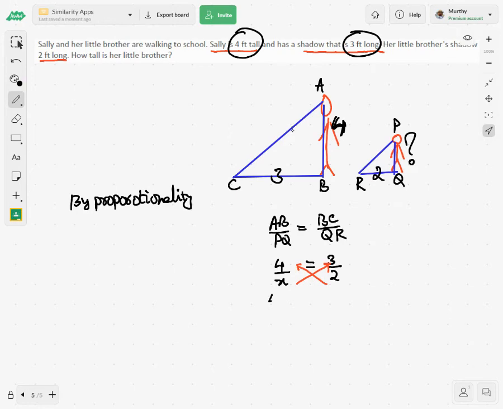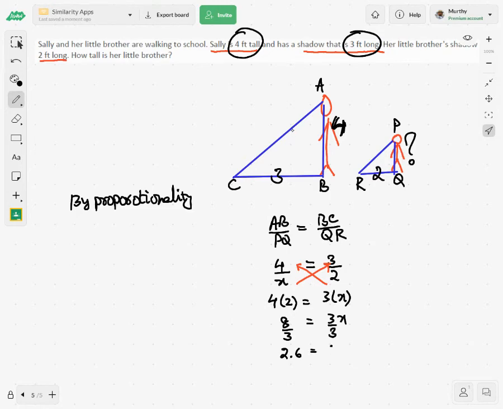So it is 4 times 2 equals 3 times x, then 4 2s are 8, equals 3x. You know how to eliminate 3 to isolate x. So division by 3, 8 divided by 3 gives you 2.667. So 2.66 or 2.6, that's fair enough.